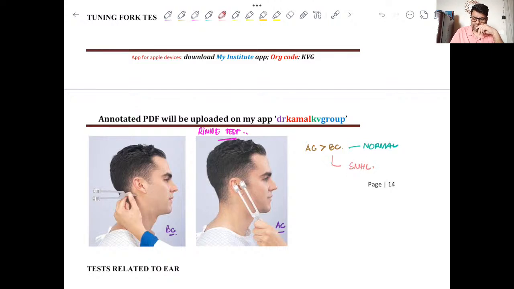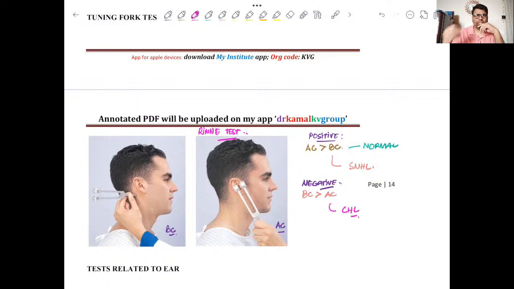So if the test is positive, it can be a normal person or it can be a case with sensorineural hearing loss. Right? Now, obviously, if it is negative, it's pretty easy to say that this is a case of conductive hearing loss.